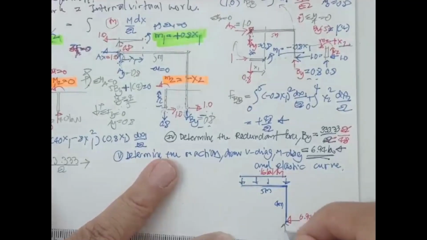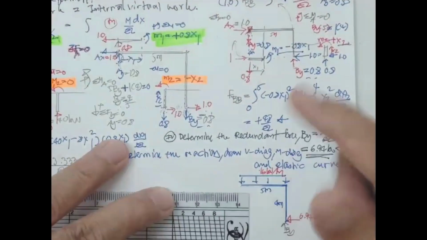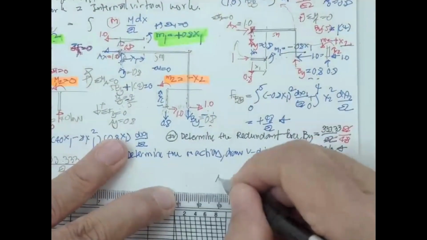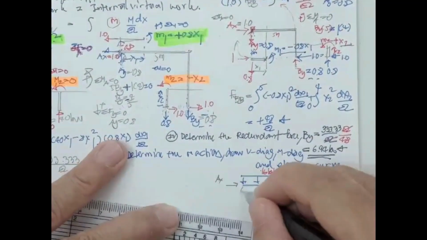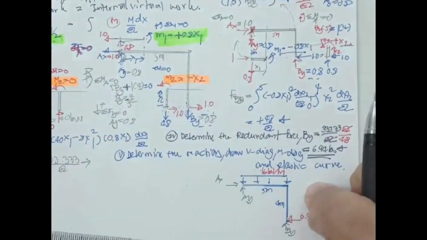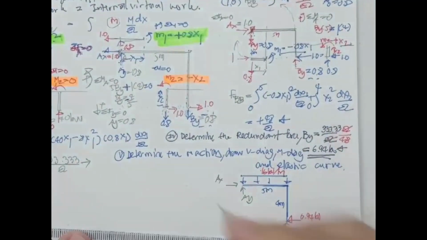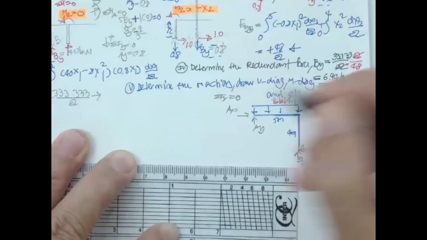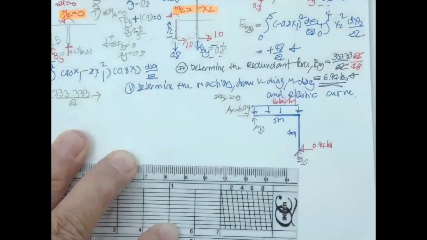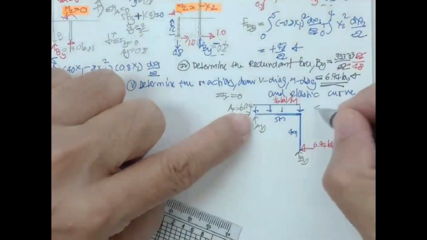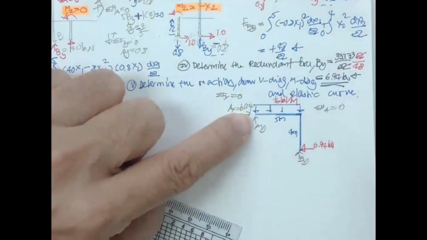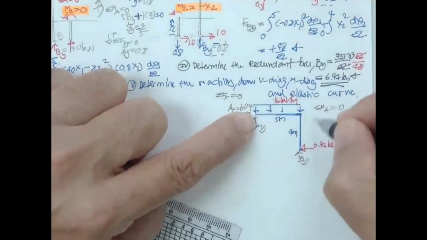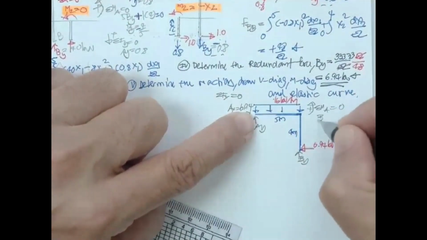Then we determine again B sub Y, and then this one for A sub X and this one for A sub Y. Okay. Summation F sub X equal to 0. So based upon this picture, A sub X gonna be 6.94.